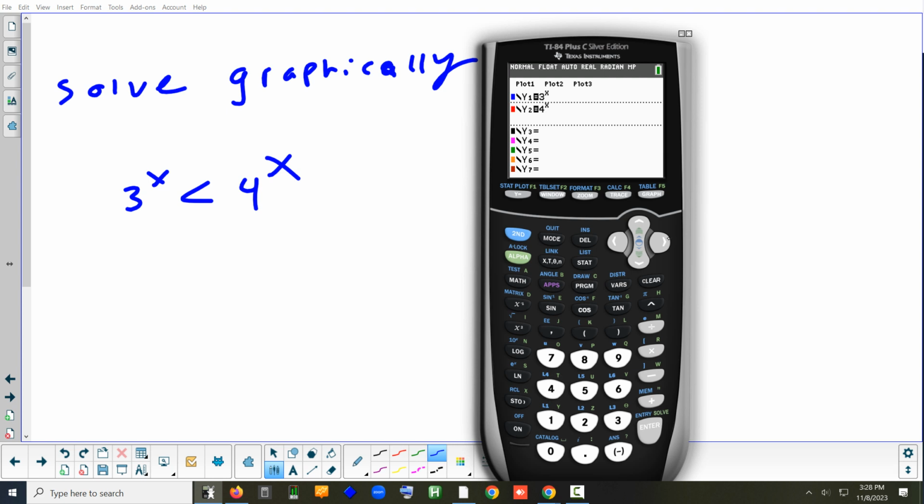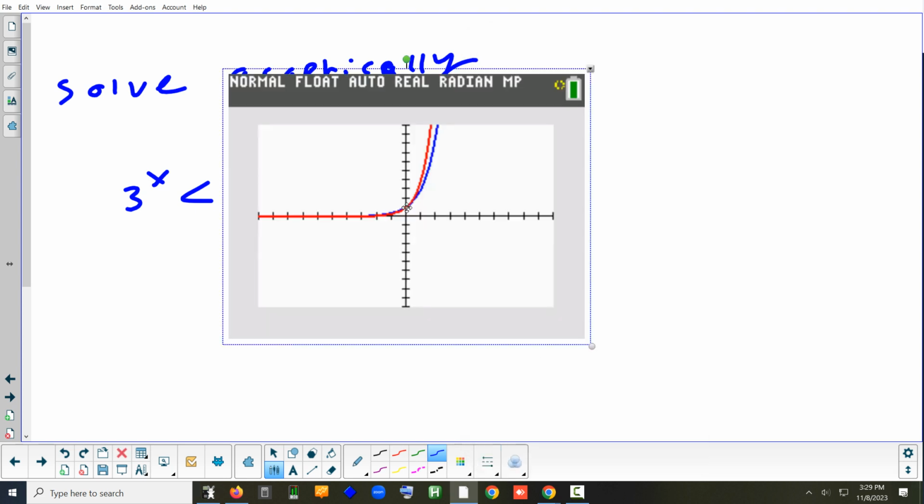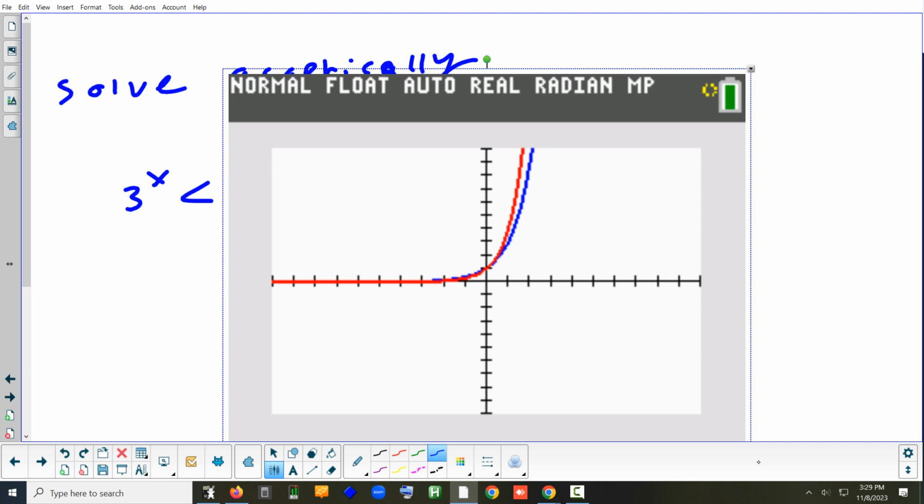So I'm looking for where the graph in blue on mine is under the graph in red. So there's the graph in blue, and here's the graph in red. And I'm looking for where the graph in blue is under the graph in red.